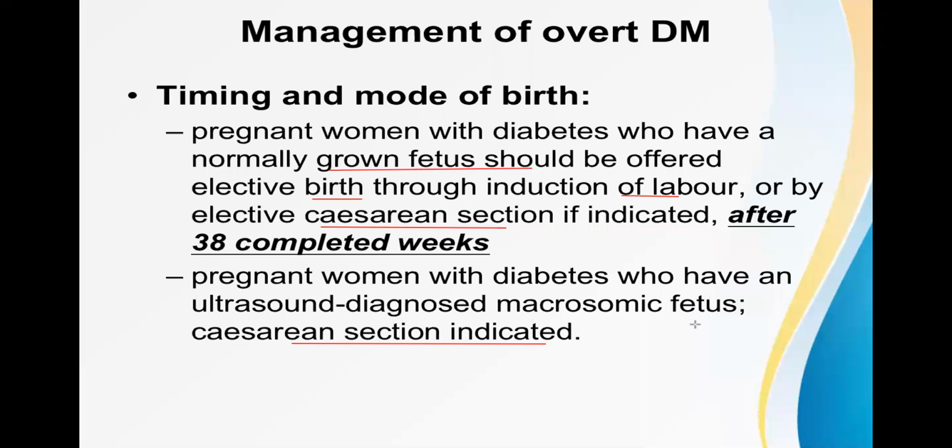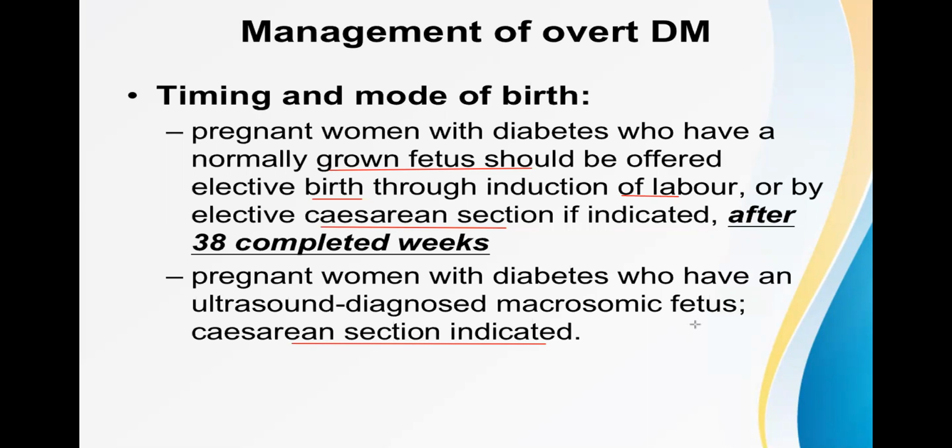One more. Basically the same point: when there is a macrosomic baby, the baby cannot pass the pelvic diameter. There will be no engagement of the baby with the pelvis. So you choose cesarean section. Good. All of you are answering in the same way.